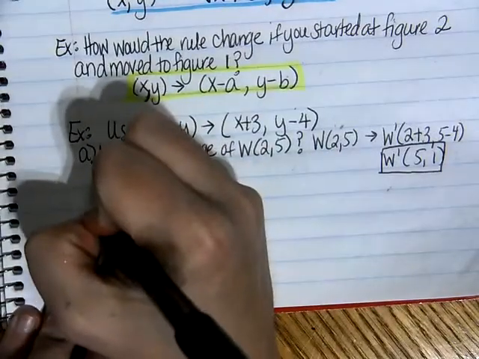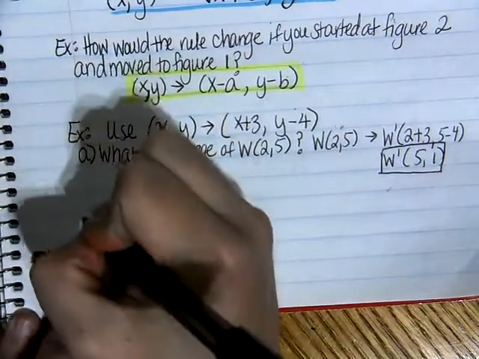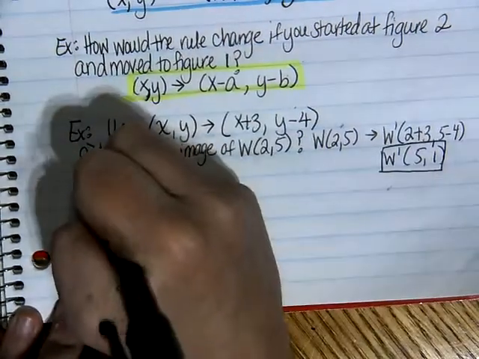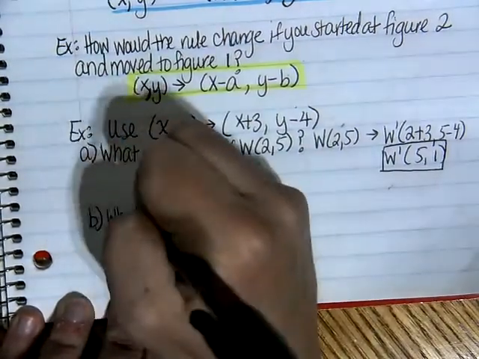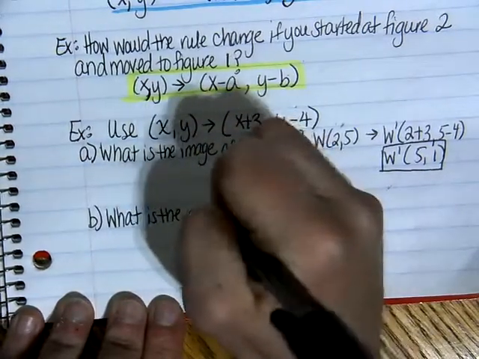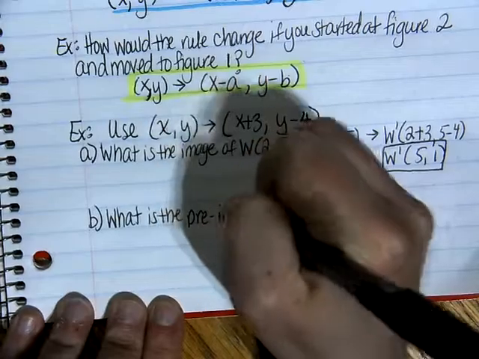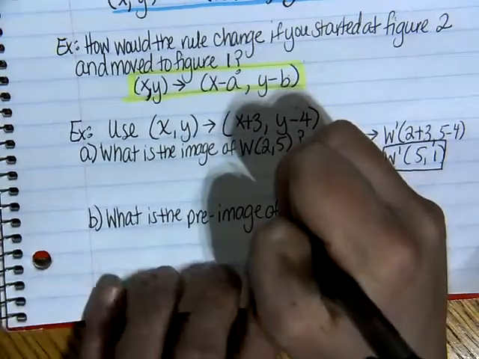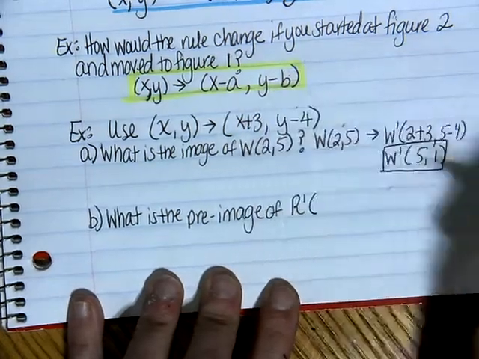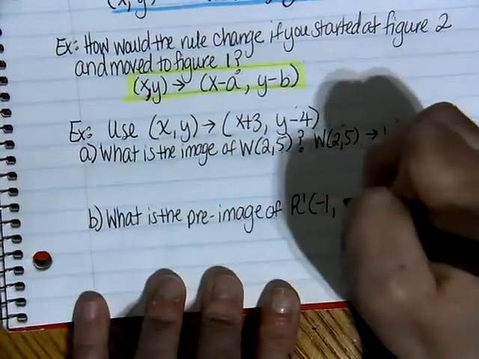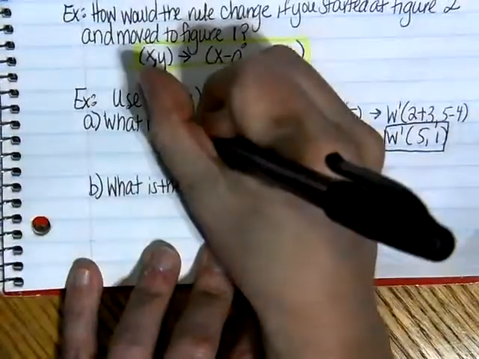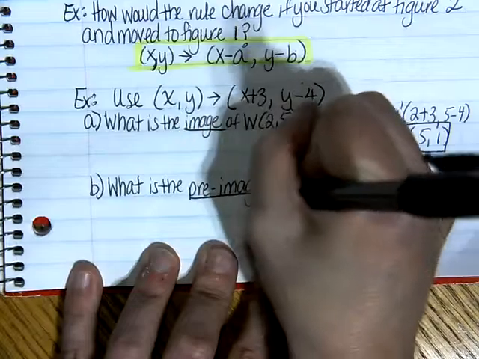You might see a question that will ask, what is the pre-image of R prime being located at negative 1, 7 using this rule? So think about what image means versus what pre-image means.